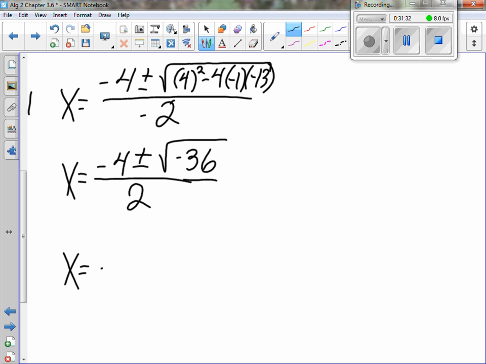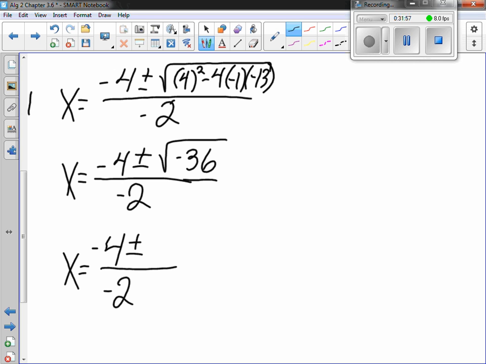So probably at this point here, you've been wondering why I said at the beginning we don't type the square root in first when we simplify what's inside the radical. Yes, it's negative 2. Thank you. Because will the yellow calculator, the TI-30XS, take the square root of negative 36?